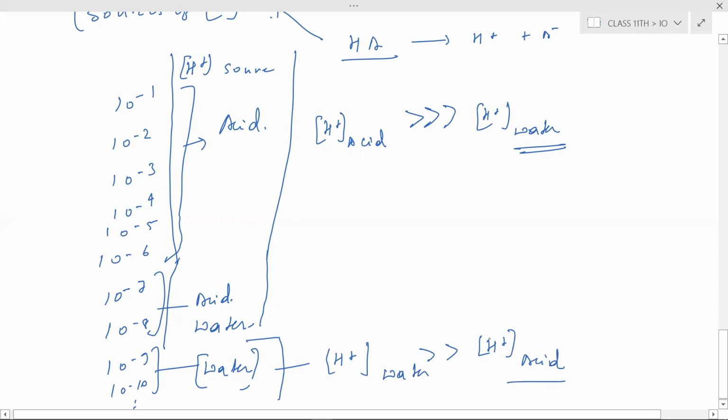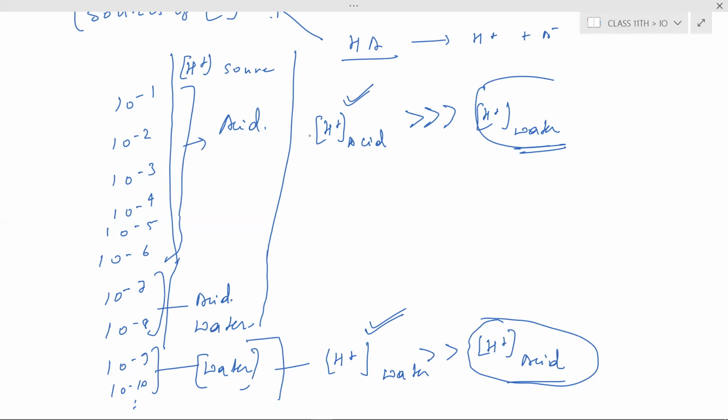So here we will neglect the H plus ions produced by the acid and consider only those produced by water. The same thing happens at higher concentrations like 10 raised to minus 1, 2, 3, 4, 5, 6, where we neglect the H plus produced by water and consider only that produced by the acid.